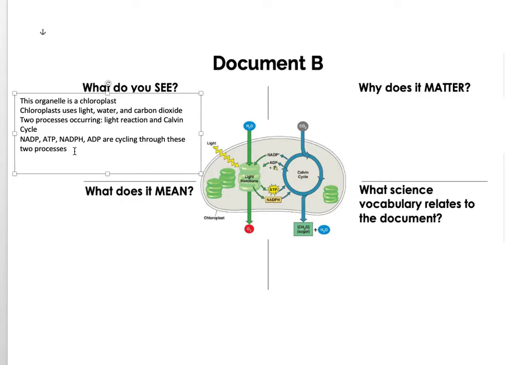More specifically, we can see that the light reaction is producing ATP and NADPH.